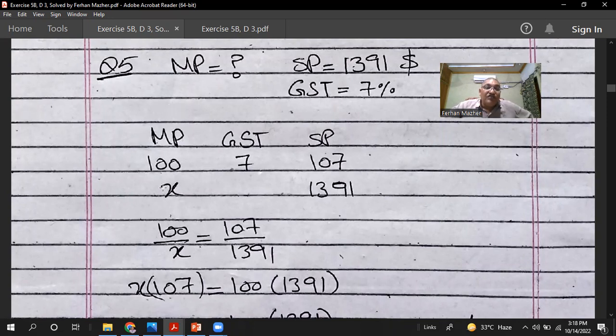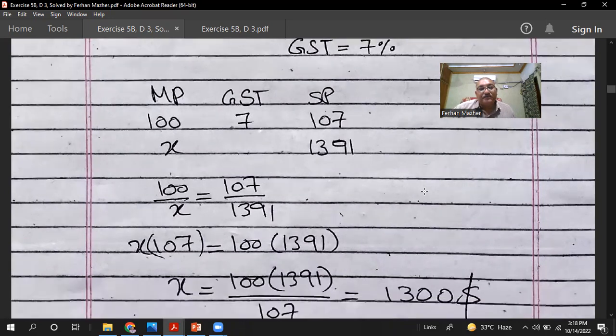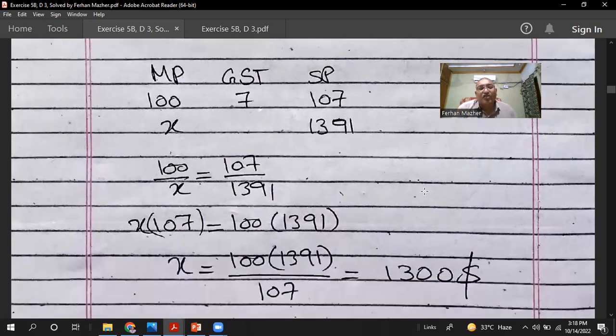So I can write 100 by X is equal to 107 divided by 1391. You just cross multiply. So X will be equal to 100 multiplied by 1391 divided by 107, and that will give you $1,300.